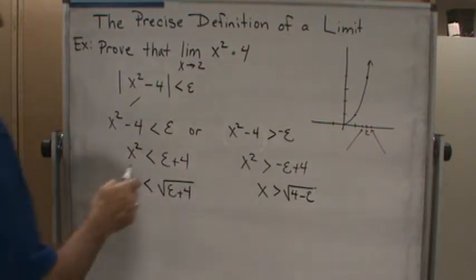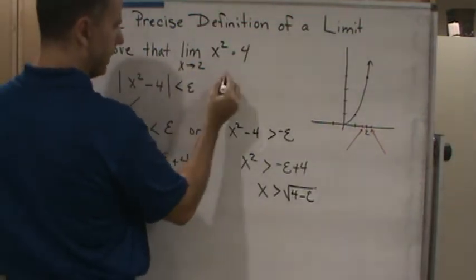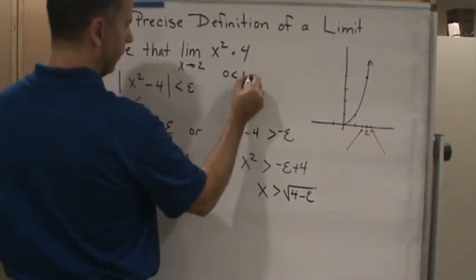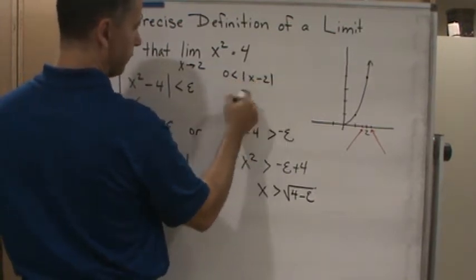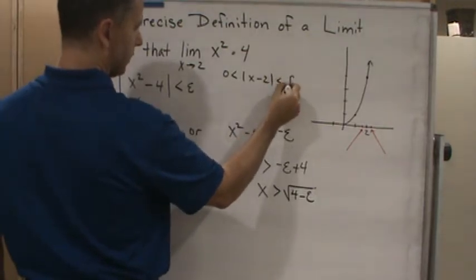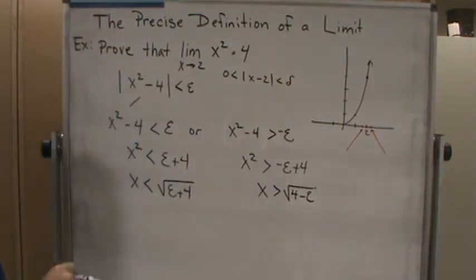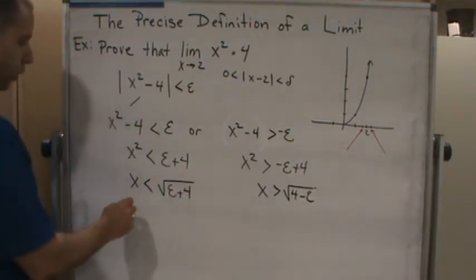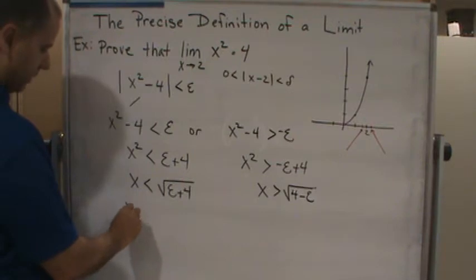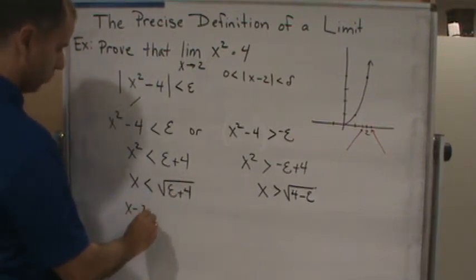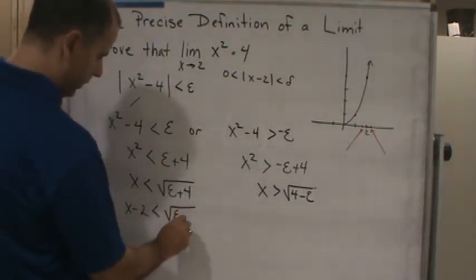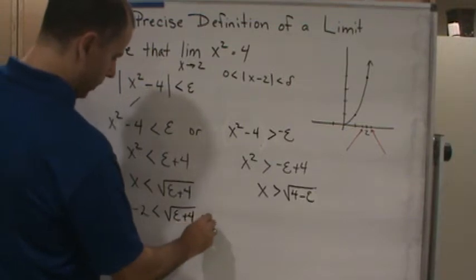Remember, our delta: 0 is less than the absolute value of x minus 2, which is less than delta. That's what we're looking for. We're trying to figure out what our delta is. Now, here we know that if we subtract 2, x minus 2 is less than the square root of epsilon plus 4 minus 2.